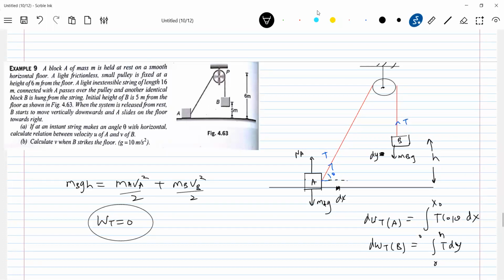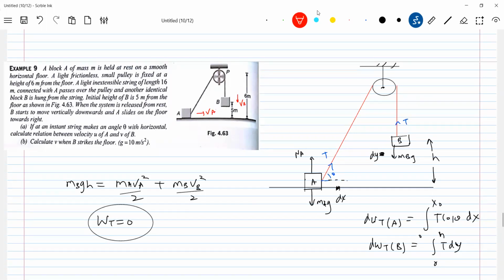Now, any relation between VA and VB? Any constraint equation? The velocity of block A will be in this direction. The velocity of block B will be like this.